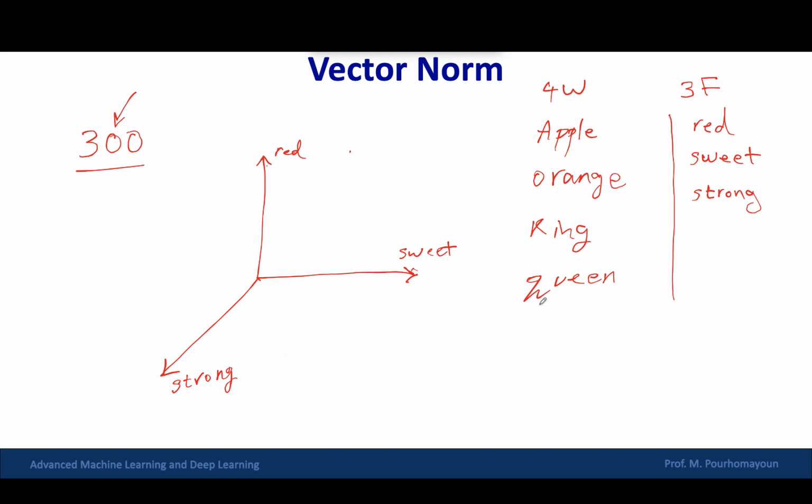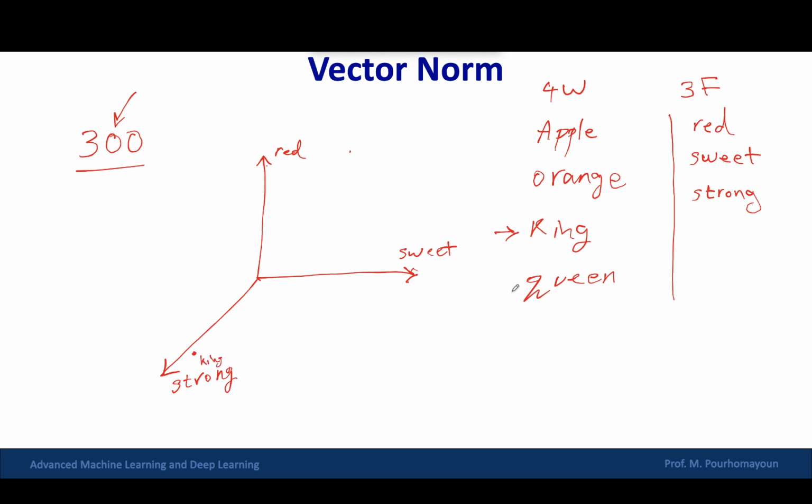Okay, so let's look at these words. For the word king, for example, color is not meaningful really, but strong, it is very strong. So there should be a point right here, maybe here. Okay, so this will be king.